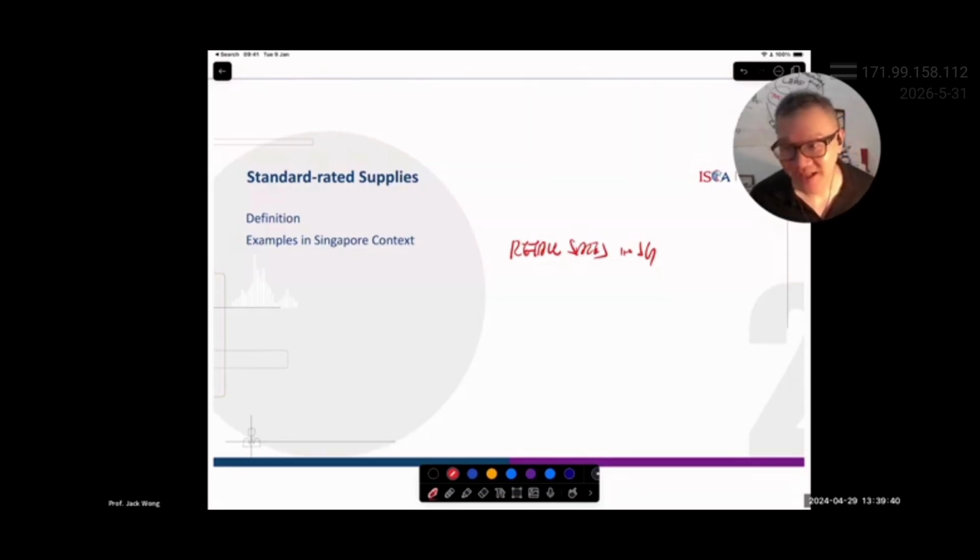All right, how about services? What is the context of a service where you will be paying GST? Touch wood, you are watching this presentation via a computer or notebook. And just bad luck, after the presentation, the screen is off somehow by accident, and you cannot turn on the screen.